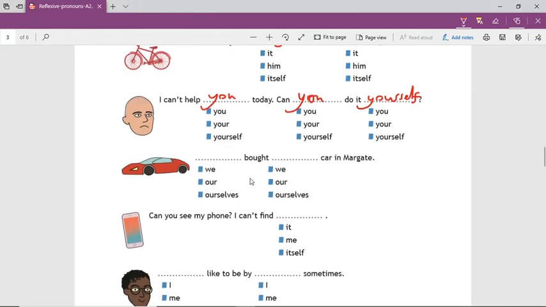Next up, blank bought blank car in Margate, and we're using "we" here, so the answer is going to be we. We bought ourselves, the reflexive pronoun, because the subject is the same as the object.